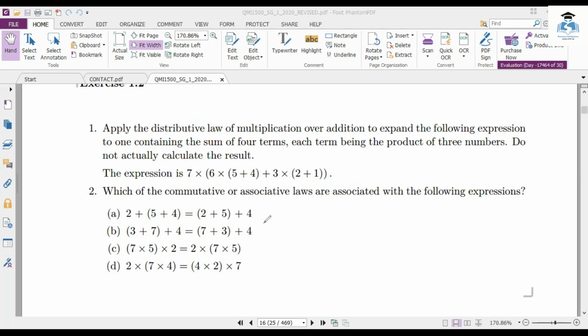It's associative. It's associative. Because remember, it's commutative, I meant to say. It's commutative. Remember what I said.